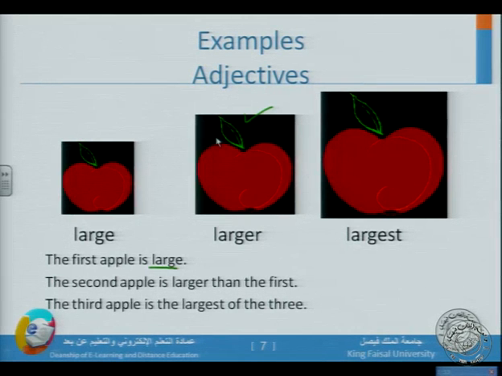Notice now, large is an adjective. Is larger than, this we call a comparative adjective. The purpose of comparative adjective is to compare two things, to say something is bigger or taller or smaller or shorter than the other one.